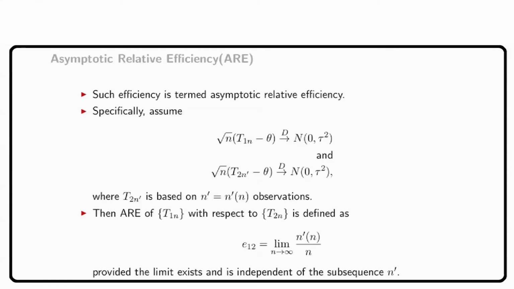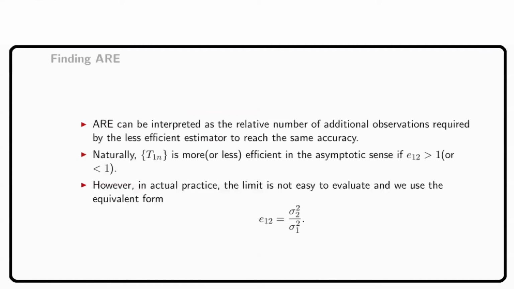Then ARE of T1n with respect to T2n is defined by u12, equal to limit of n tending towards infinity of n prime by n, provided the limit exists and is independent of the subsequence n prime. Thus, ARE can be interpreted as the relative number of additional observations required by the less efficient estimator to reach the same accuracy. Naturally, T1n is more or less efficient in the asymptotic sense if u12 is greater or less than 1.